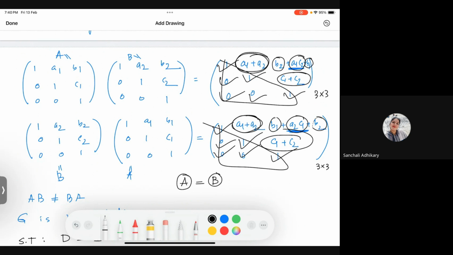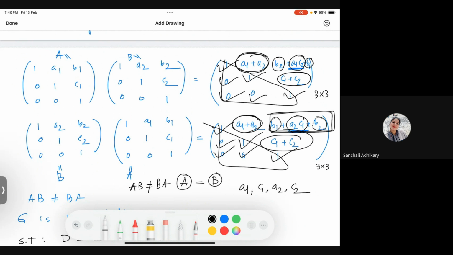So choose A1, C1, A2, C2 in this way such that I will get some distinct entries in the 1,3 position, right? Then AB will not equal BA.